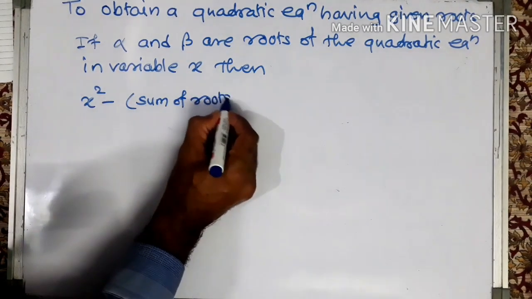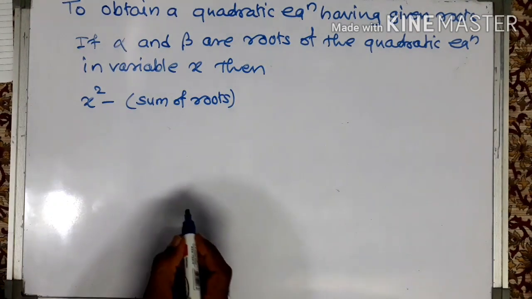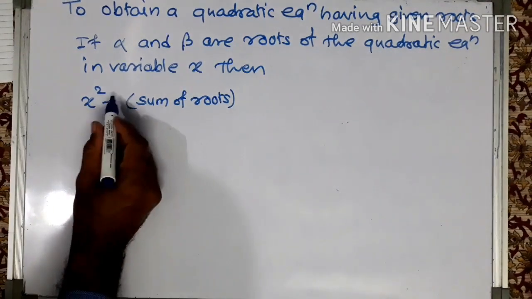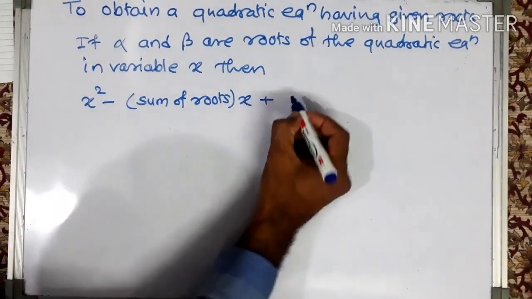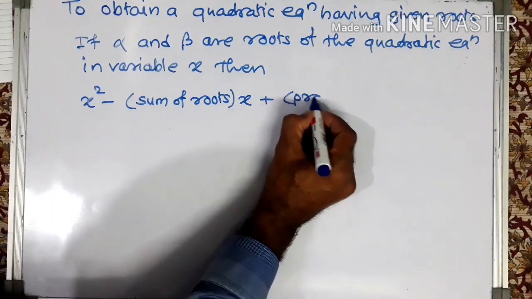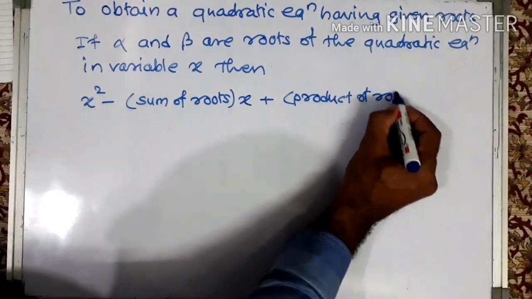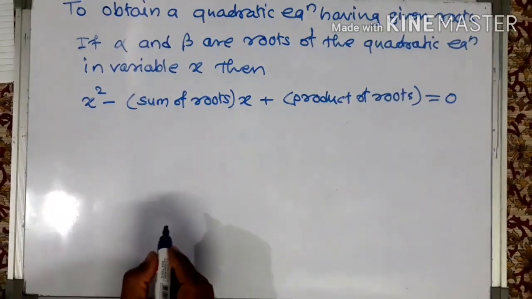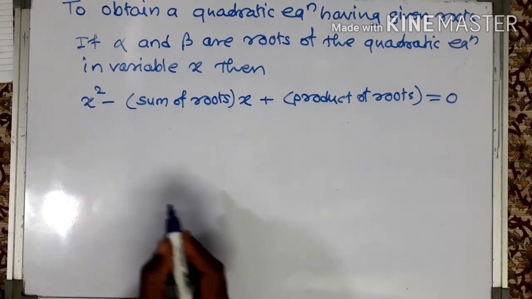roots. When roots are known to us, then we can find that quadratic equation by using the formula x square minus sum of roots into variable x plus product of roots equals to 0. This is the formula for finding a quadratic equation when roots are given.